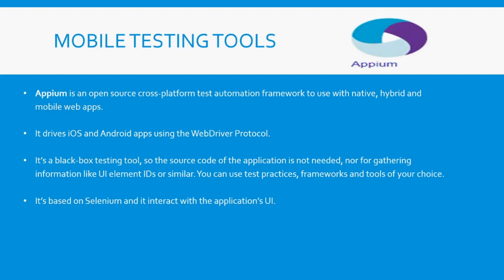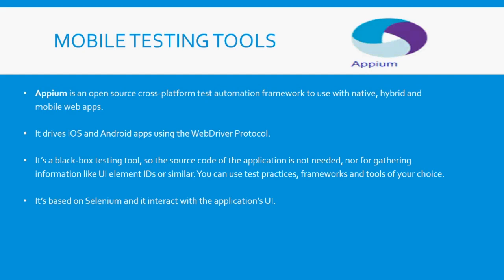Now we'll look at mobile testing tools. As I said earlier, there are so many mobile testing tools out there in the market. One of the leading ones is Appium. It's an open source cross-platform test automation framework, which you can use for native, hybrid, and mobile web applications. It works using Selenium WebDriver to be able to crawl the mobile device and the application.